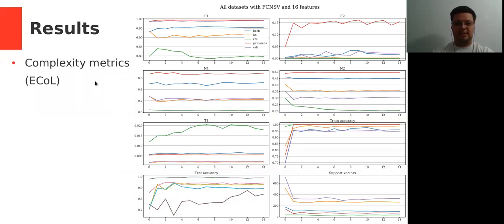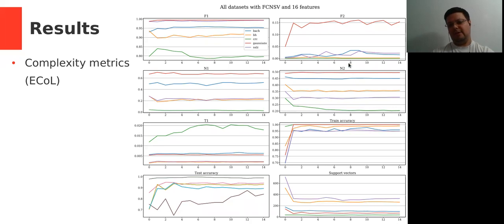With the complexity metrics that we use, we are able to evaluate mainly these values here, N1 and N2. N1 evaluates how well the margins are defined. In this case, we can see that in the first steps, because we have an improvement in separation, we can better define our margins in the first epochs.